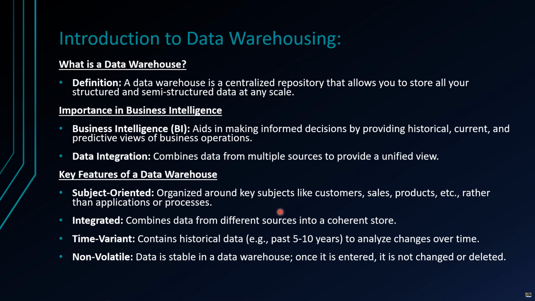Time variant means it contains historical data to analyze the future. Non-volatile means the data is very stable in the data warehouse. Once it is entered, it cannot be deleted, altered or changed.